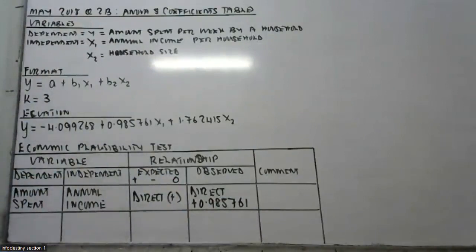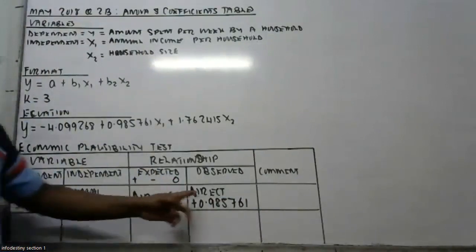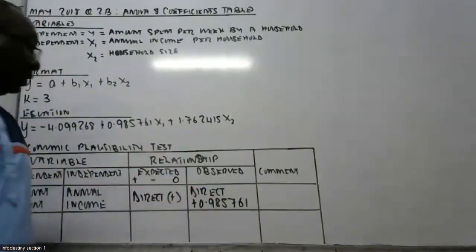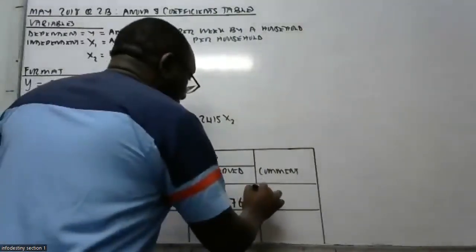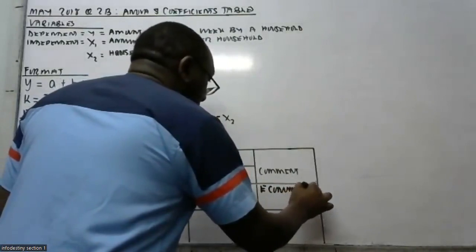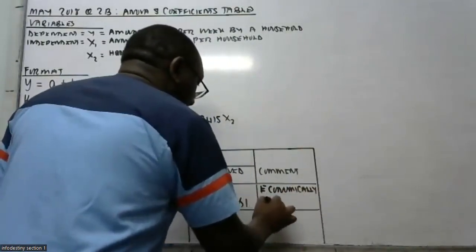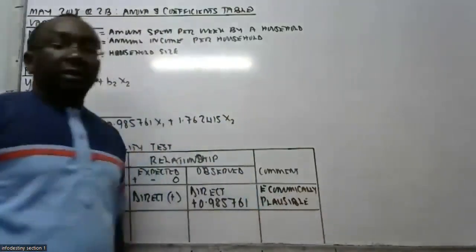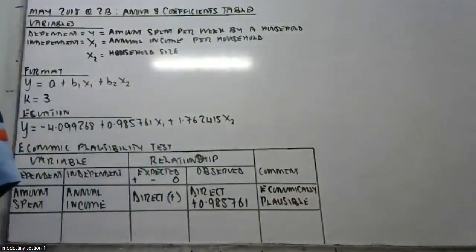So now you need to tell us, are they in agreement? What you are expecting and what you have seen, are they in agreement? Yes. Good. So if they are in agreement, then you tell us it is economically plausible. It is making sense.